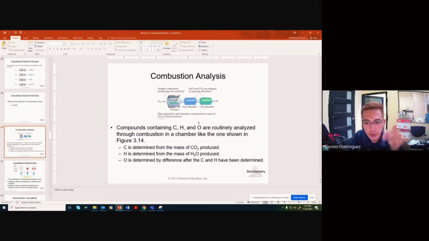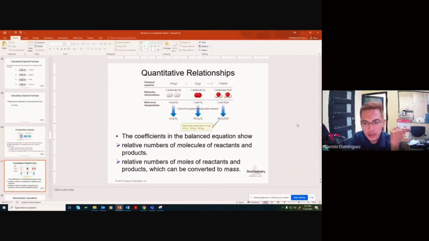The mass gained by each absorber corresponds to the mass of CO2 or the water produced. So that's combustion analysis. Quantitative relationship: the coefficients in the balanced equation show the number of molecules of the reactants and the products, so the relative number of moles of reactants and product can be converted to mass. For example, H2 and oxygen react to give 2 molecules of water.